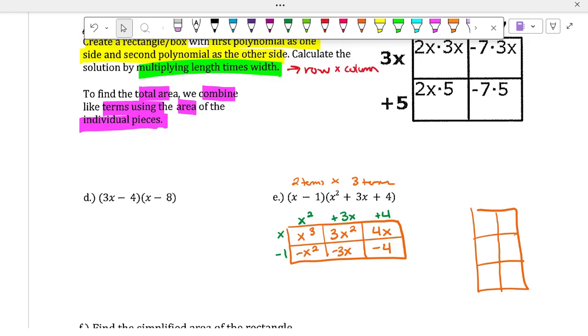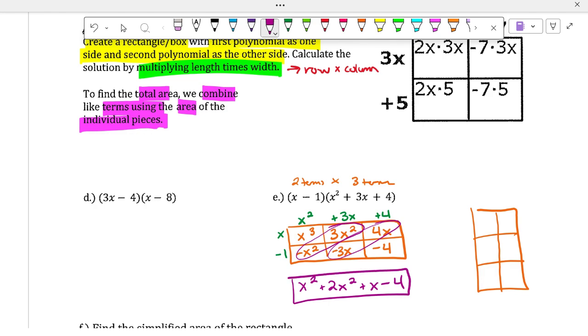Also, when you finish that box, go ahead and pull it out and combine like terms to get an answer. Thumbs up if you're ready.